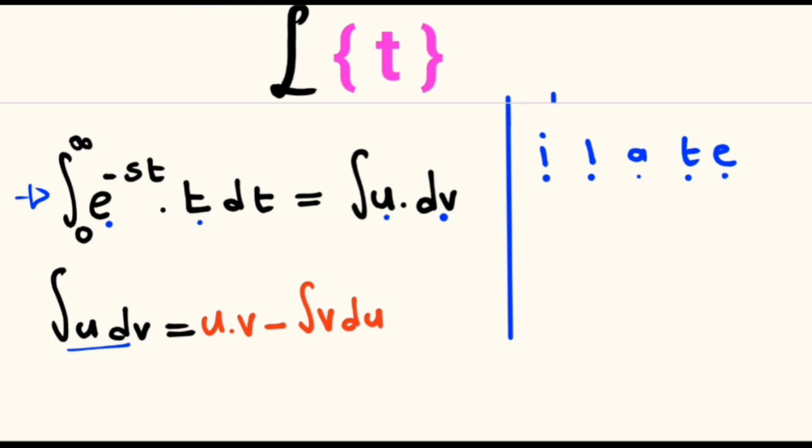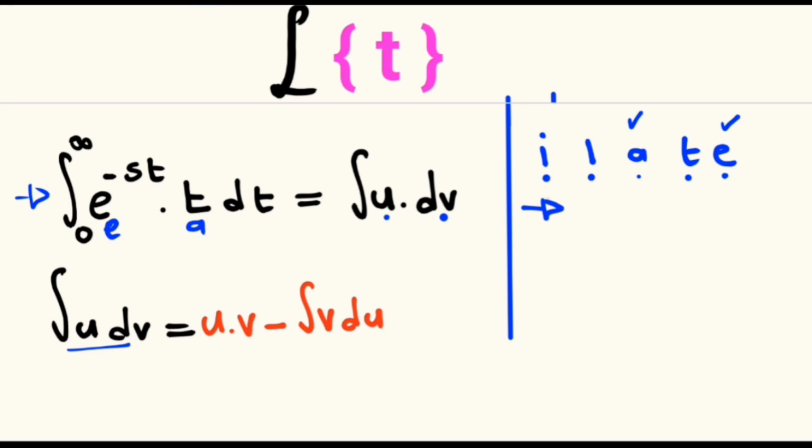So the e raised to the power -st is an exponential function represented by the letter e, and the t is an algebraic function represented by the letter a.